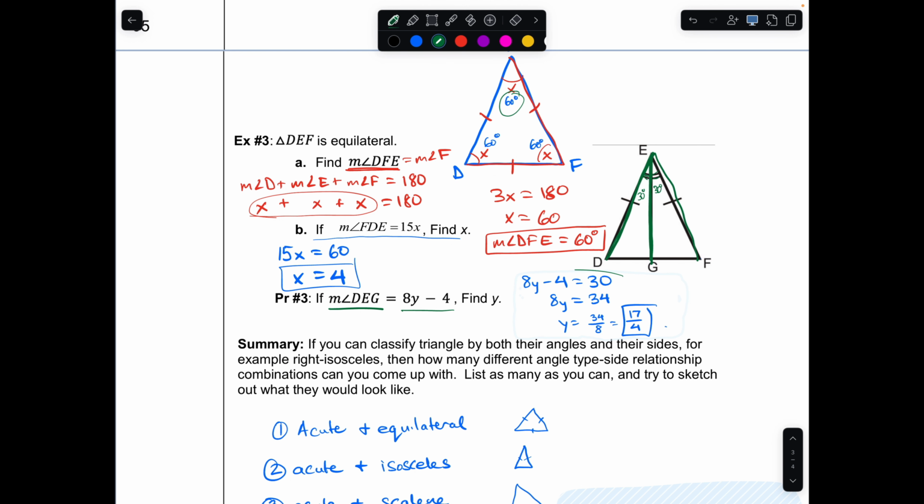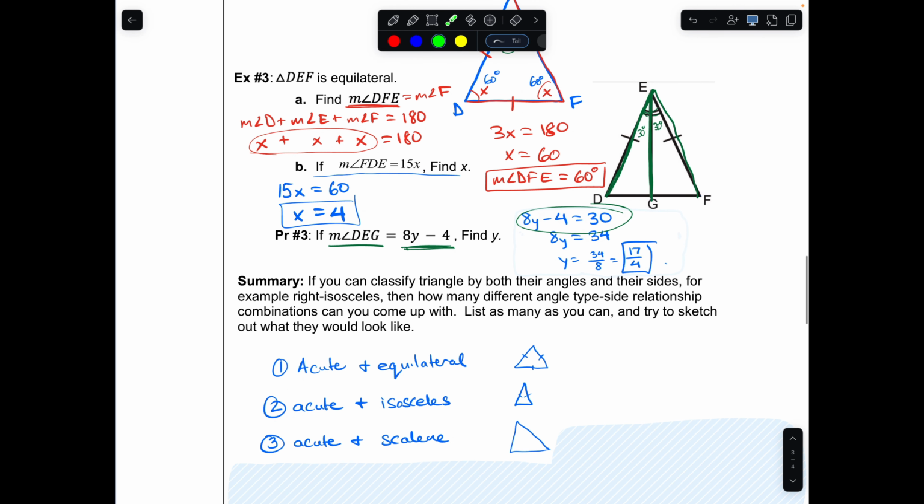So we say that 8y minus 4 has to equal 30 degrees. And then solve that equation for y. We can add 4 to both sides to get 8y equals 34. And if we divide both sides by 8, we can reduce that fraction to find that y is 17/4.